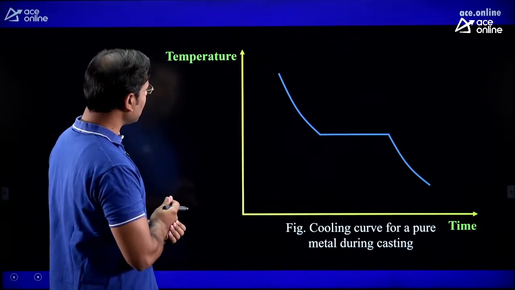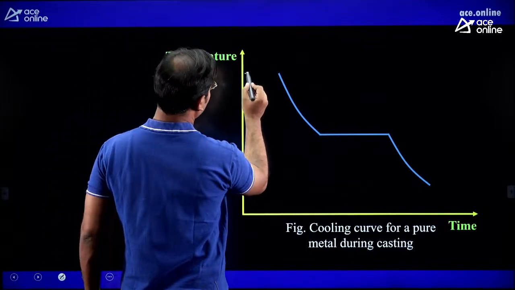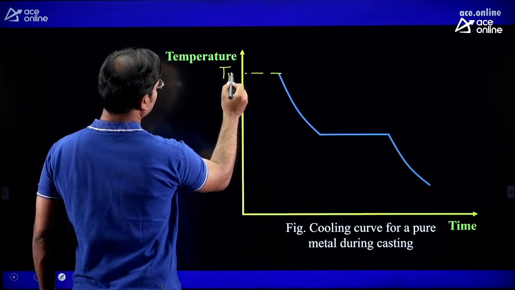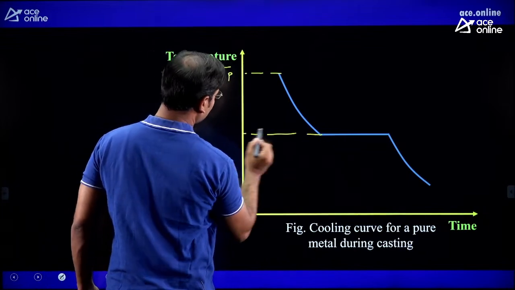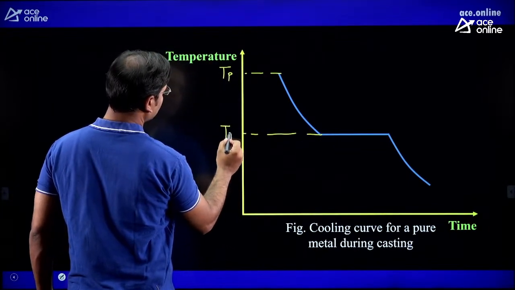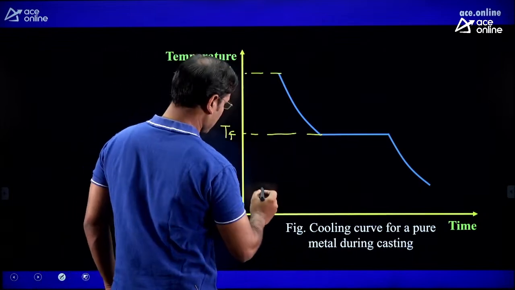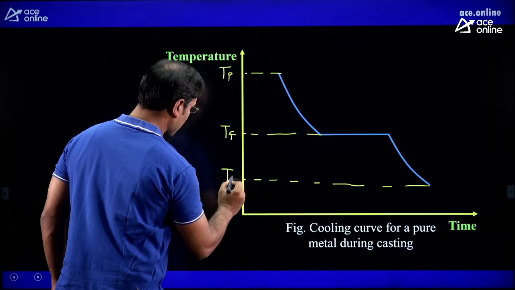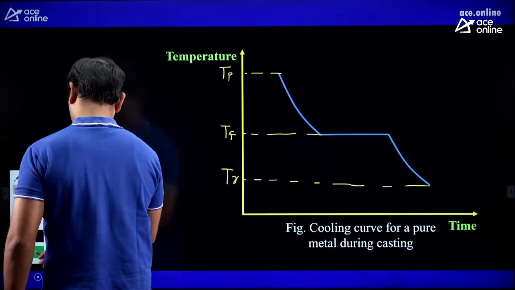Now see that in the diagram there is one temperature, Tp. Tp is the pouring temperature. Here is another temperature, Tf, known as the freezing temperature. And the last one is Tr, the room temperature.